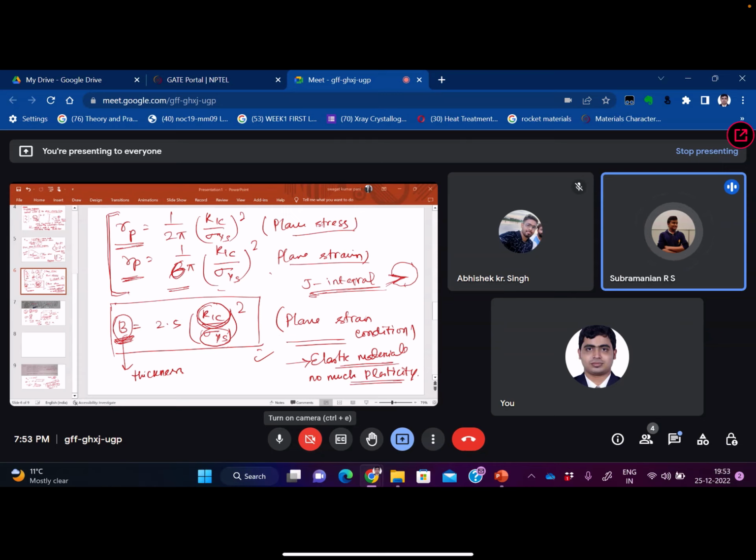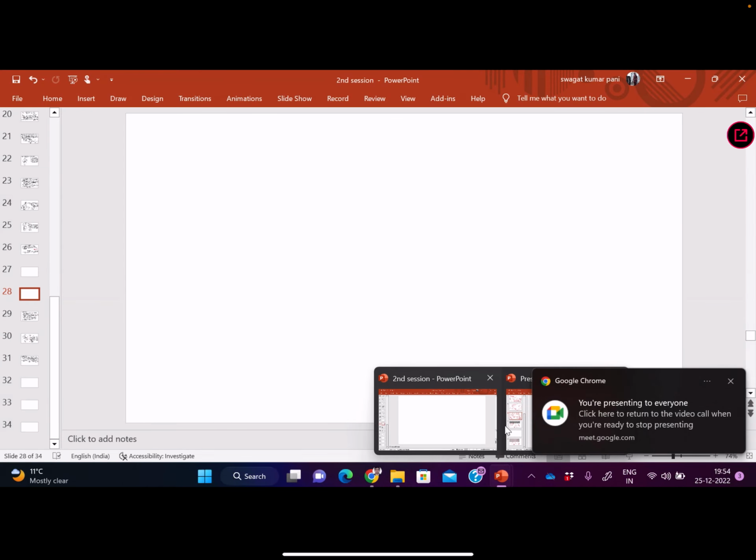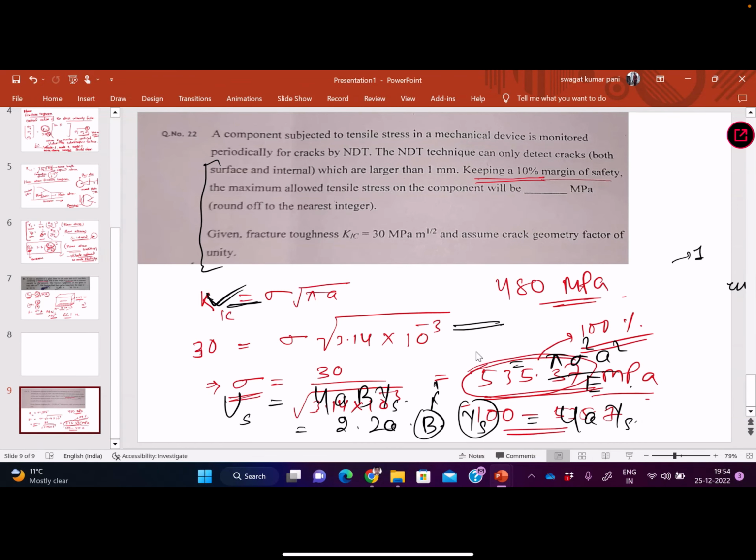Sir, the question in slide number 9, we directly assumed it as a surface crack and took 1 millimeter directly as a. Here they have mentioned that the test can detect both surface and internal cracks, but we directly assume a as 1 millimeter, even though it can be a central crack.